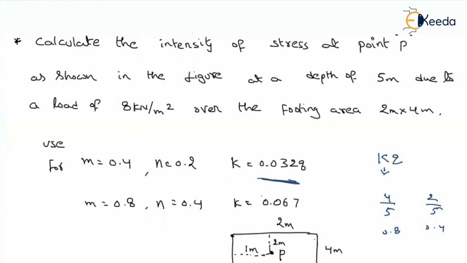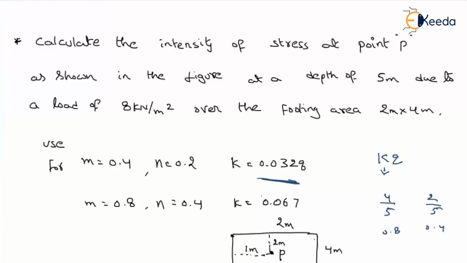So we have to divide the entire area into a number of rectangles, and the total stress at that point will be the summation of the stress due to each rectangle. That's why here it will be 1 by 5, 2 by 5, equal to 0.4 and 0.2, and the K value corresponding to these is 0.0328.